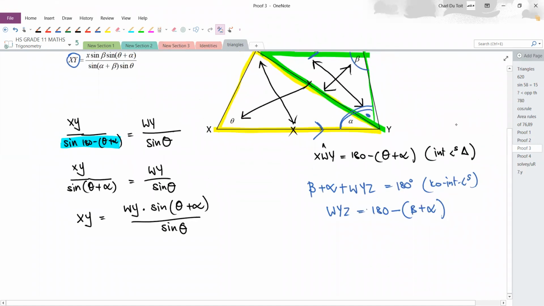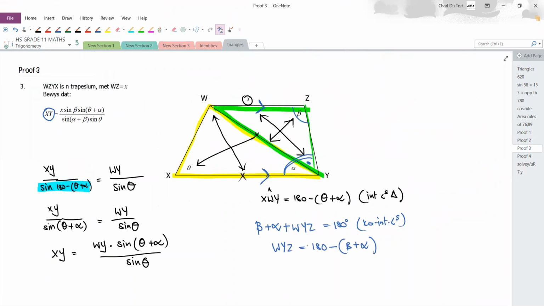Good. So now I can use that. I'm just going to write it next to it, on the top there. So I can use WY in the green triangle. WY over sin beta equals X, which is the other side, over sin of 180 minus alpha plus beta. We have beta plus alpha, but the same. We can write alpha plus beta.